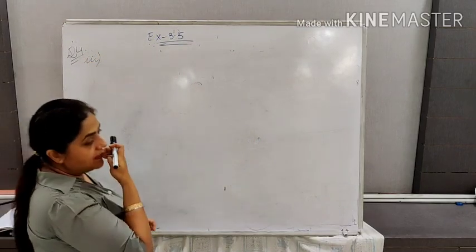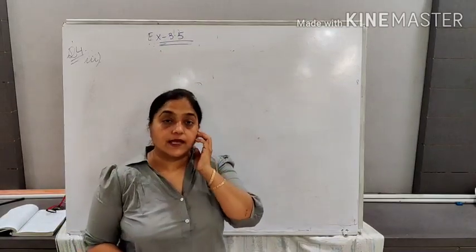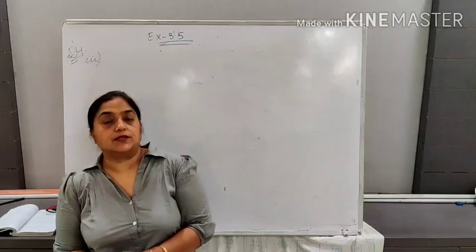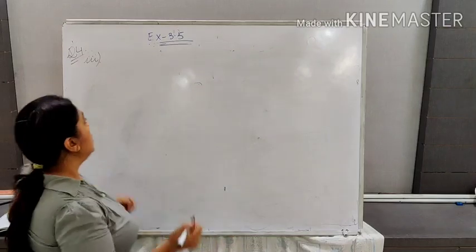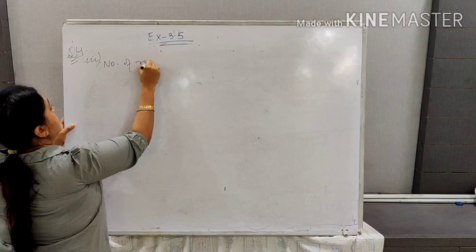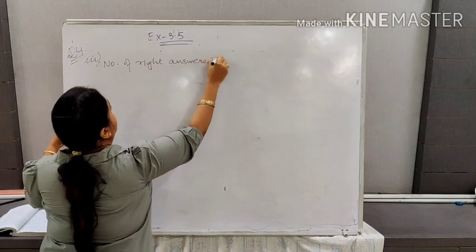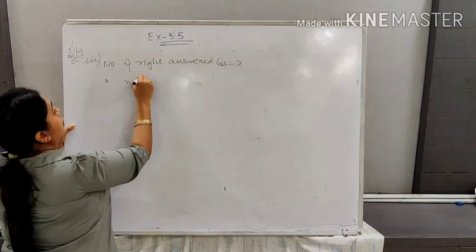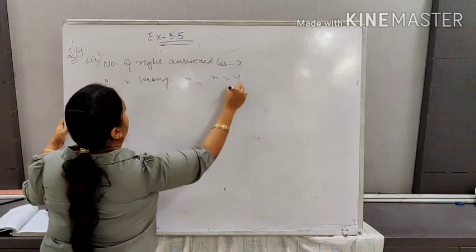The question is having right answered questions and wrong answered questions. Whenever you have to find out right answered questions or wrong answered questions, again you will be using two variables. You will write, let number of right answered questions is equal to x, and number of wrong answered questions is equal to y.